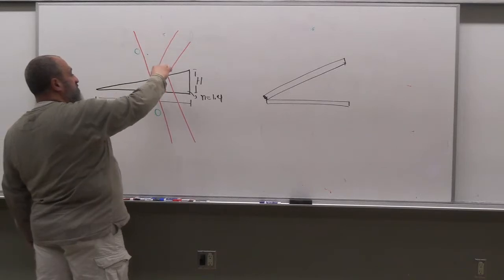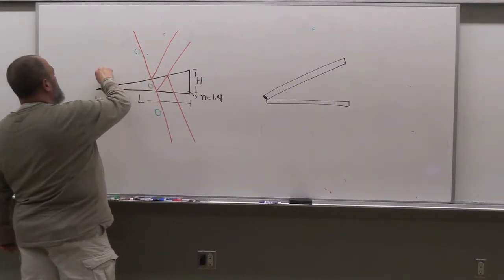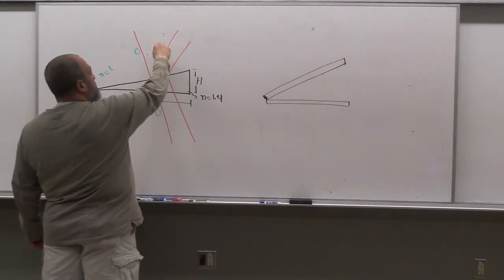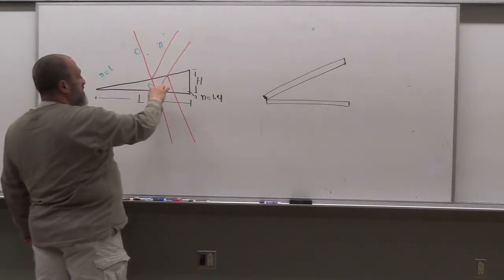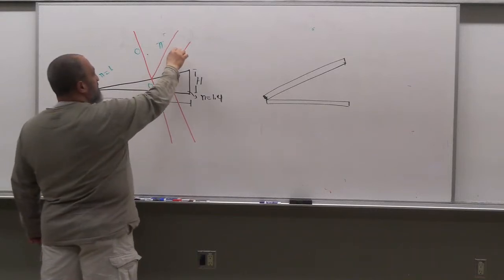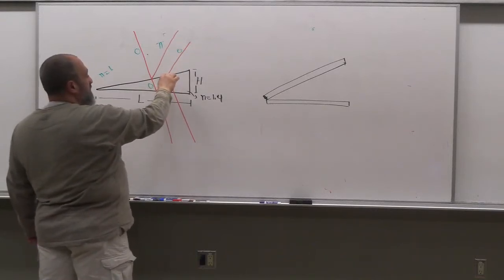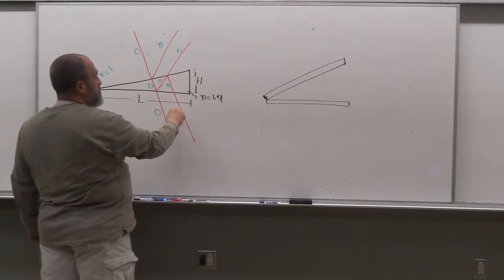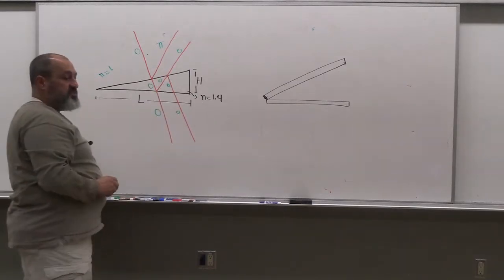We go from n equals 1 to n equals 1.4, there's a phase shift of phi, and here we're in 1.4 going to 1, no phase shift. This is 0 now, and here we have 1.4 to 1, also 0, opposite conditions here and there.